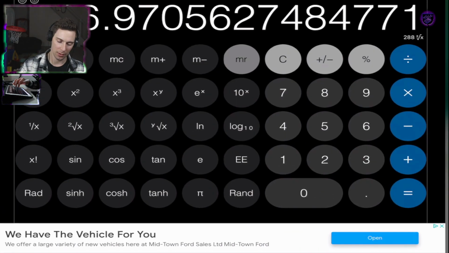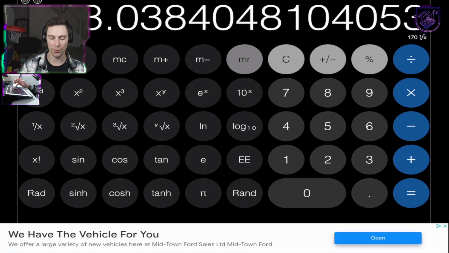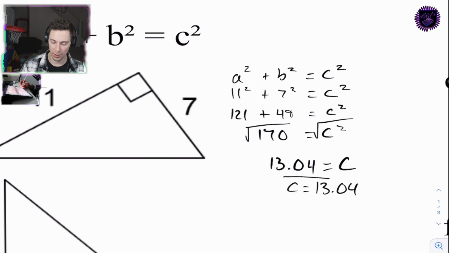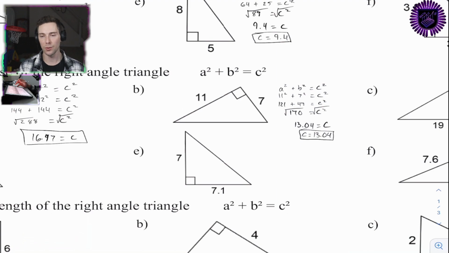That's my guess. The square root of 170 is 13.038. So when we do square roots on these, let's round that to the nearest hundredth, C is equal to 13.04. Now, I like to be a little more accurate, but again, you've got to know this is rounding to the nearest tenth, so this would just round down to 13. So if you get what I got, you're correct.